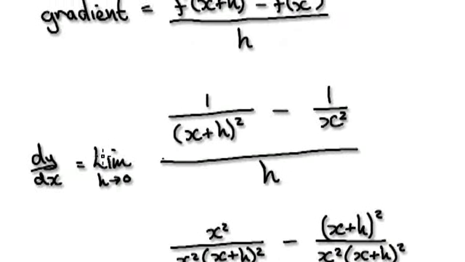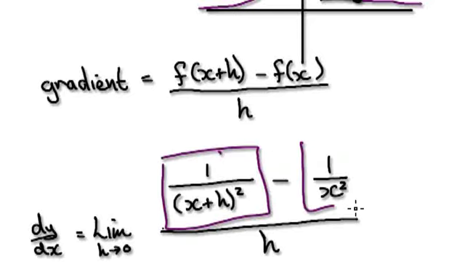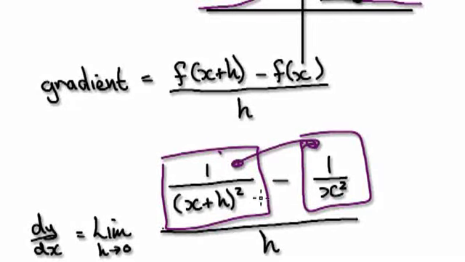The first step is to merge these. Here you've got one fraction, take away another fraction. Get the two denominators to be the same, and then you can merge the two fractions.